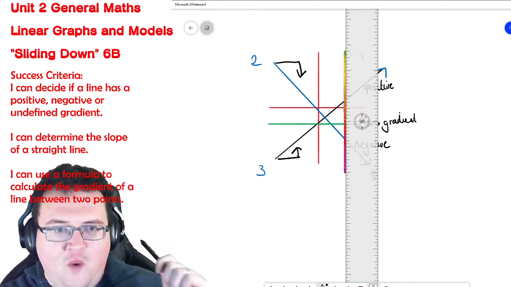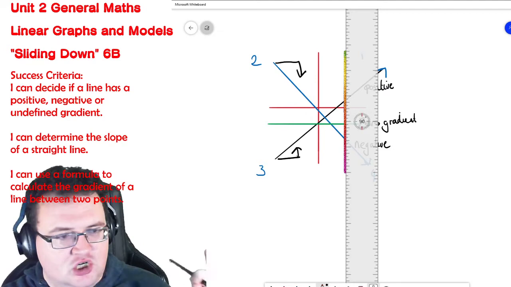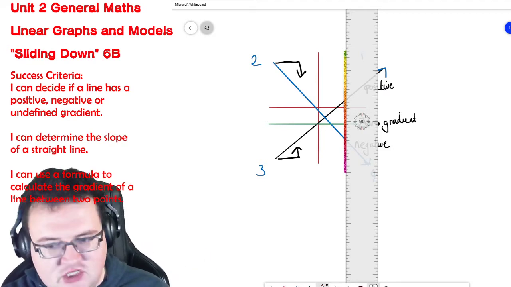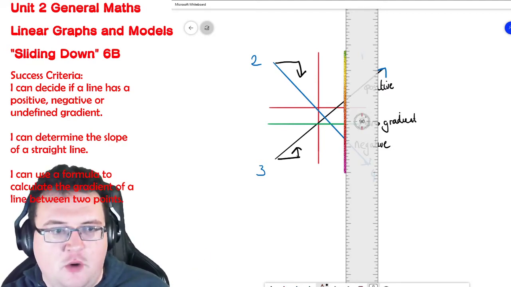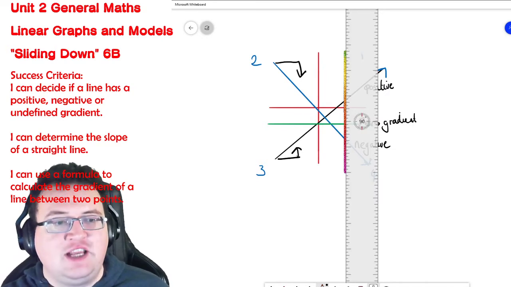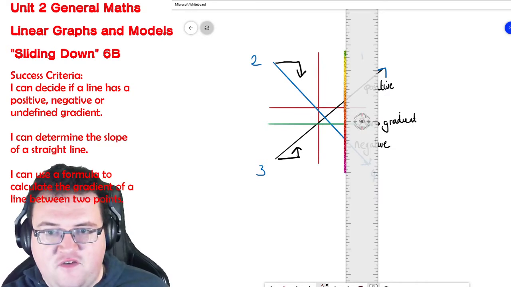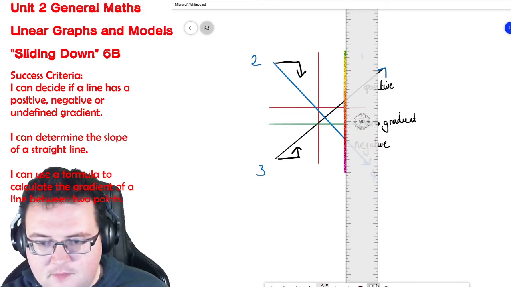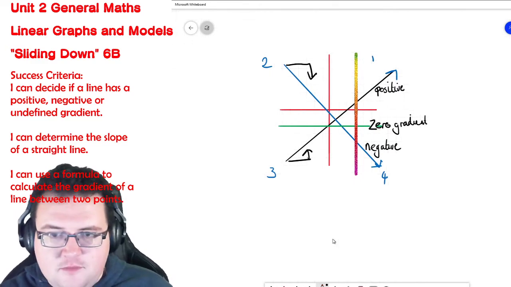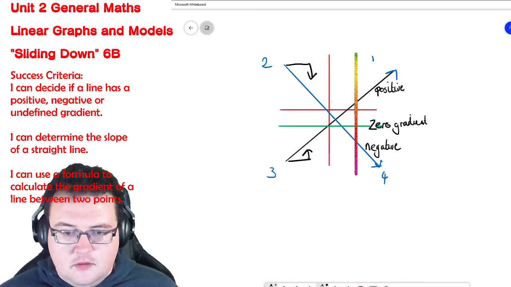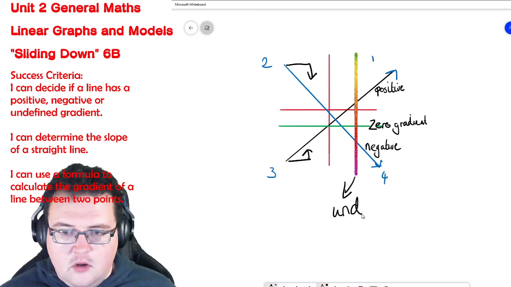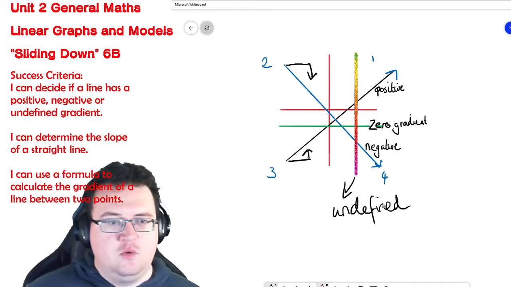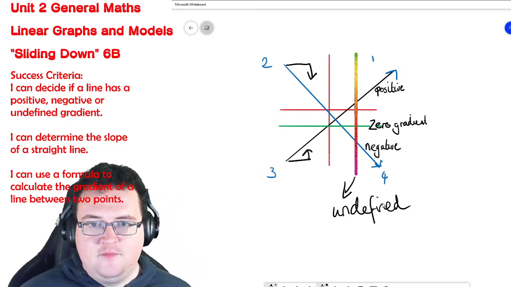It just goes straight up and straight down. That's how we know it's called undefined. There is a way to mathematically prove that it is undefined, which we'll get to in a moment. But for now, undefined is the word that we're looking for to describe that line.